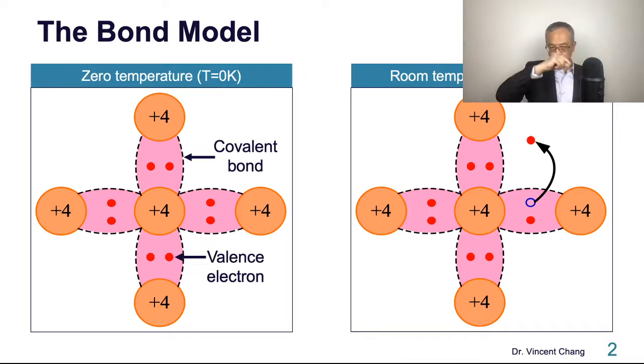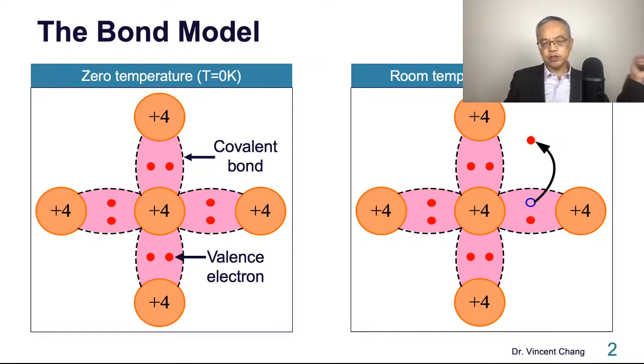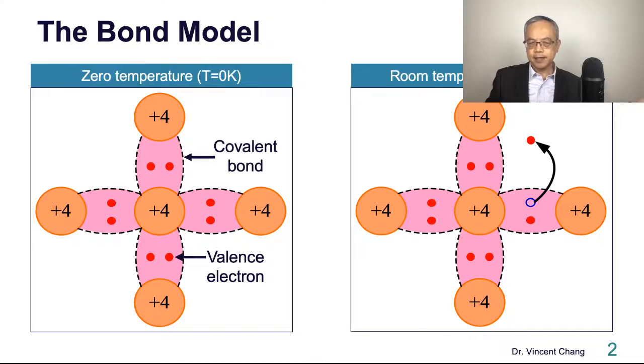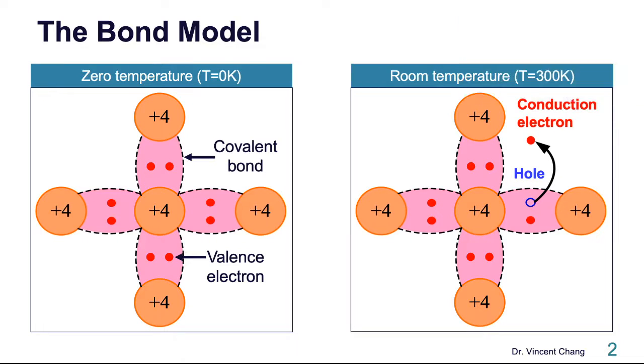When the electron leaves the covalent bond, an empty seat is left in the covalent bond, creating the conduction electron-hole pair.